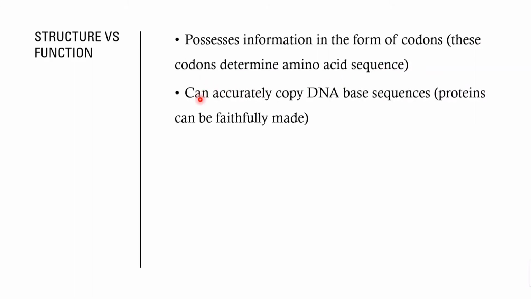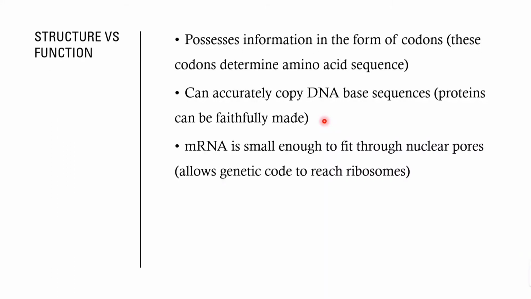Also, our mRNA can accurately copy DNA base sequences, so this is it acting as a template. This means that proteins can be faithfully made, so we can make proteins without too many proteins having mutations. We can have accurately made proteins.